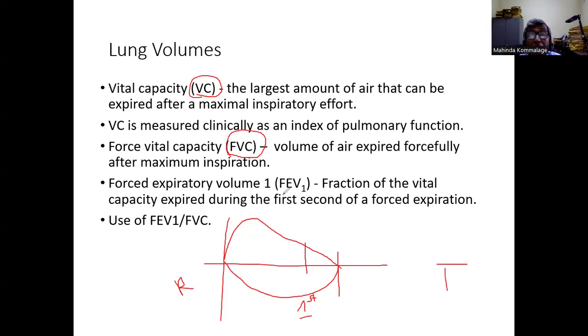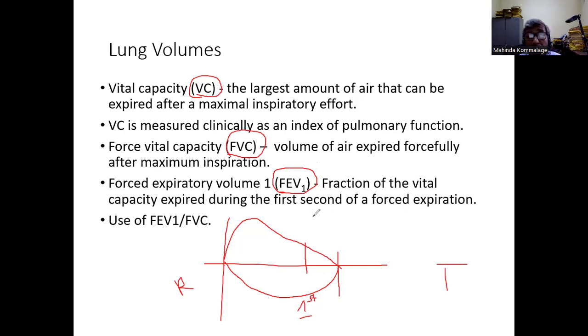That we call forced expiratory volume 1. It is actually forced vital capacity, but we measure only until one second. Only the first second we take. So forcefully we remove air, but the volume that came out in the first second only we measure.